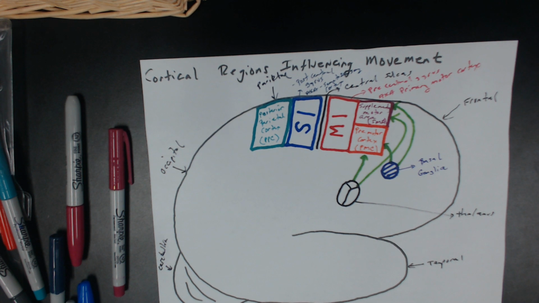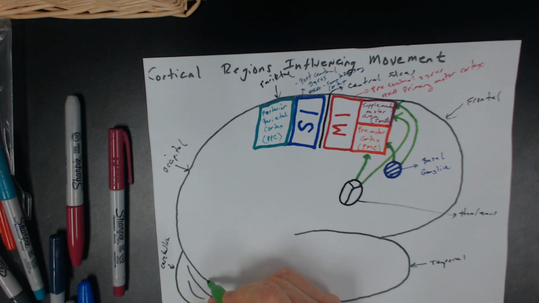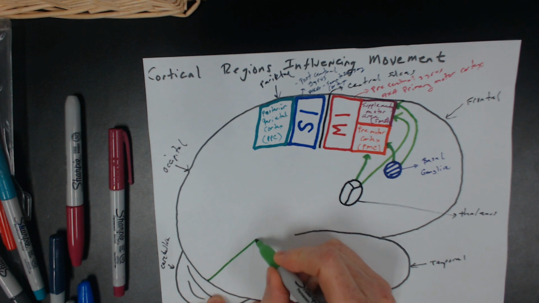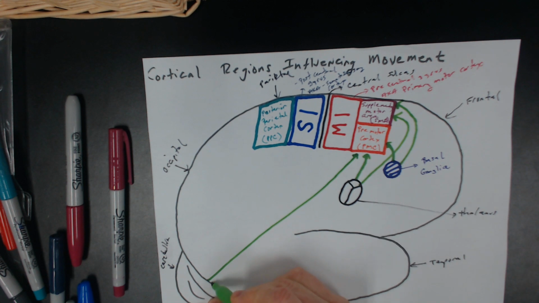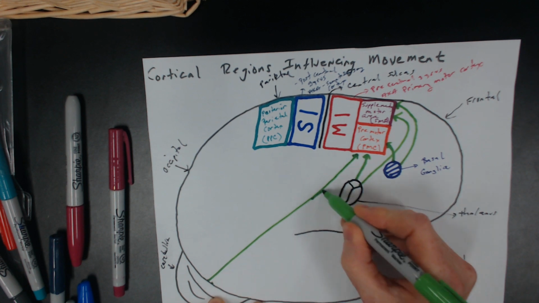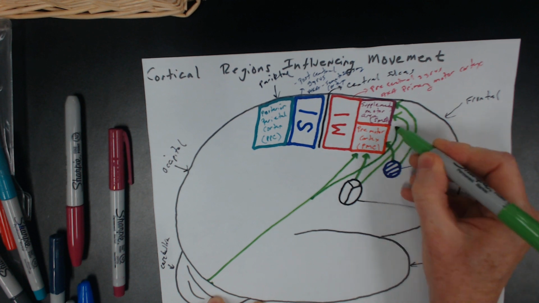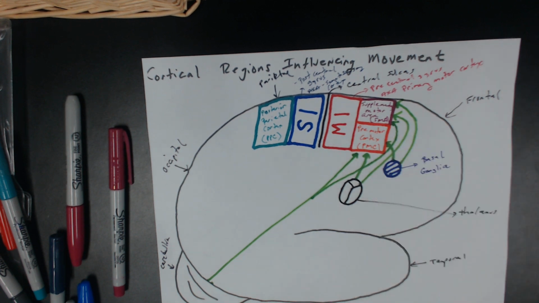It's automatic, and it's automatic due to the structure back here known as the cerebellum. So the cerebellum is also going to automatically feed information right into that premotor cortex as well as the supplementary motor area.